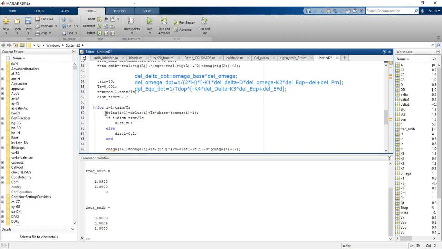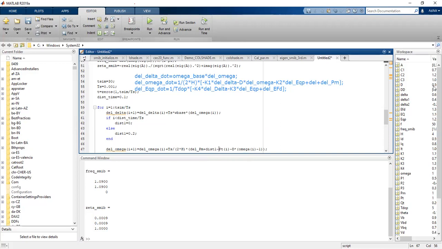So the first one, you can write del delta i plus 1 equals del delta i plus Ts omega base into del omega, and that's it. That is the disturbance, so we keep it as it is. Then we have del omega equals del omega i plus Ts over 2H. This should be del Pm plus disturbance.